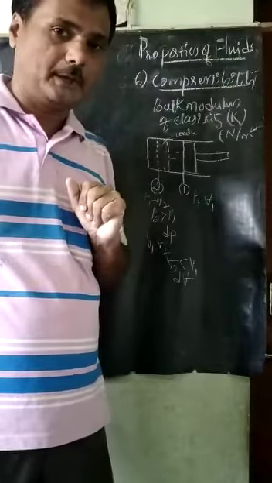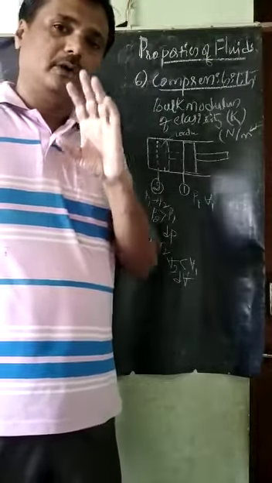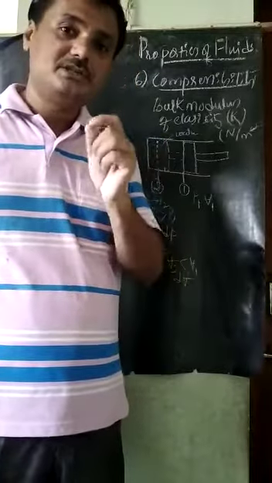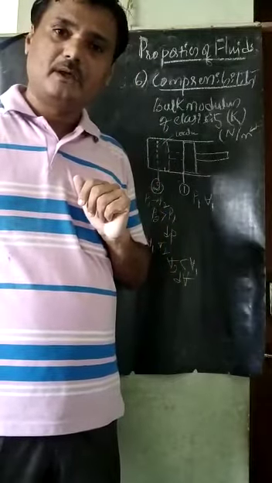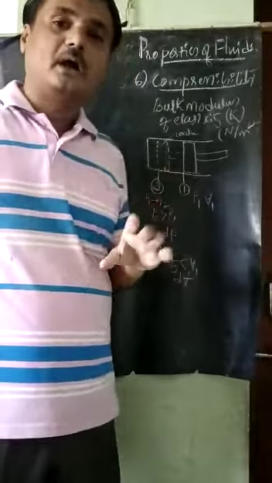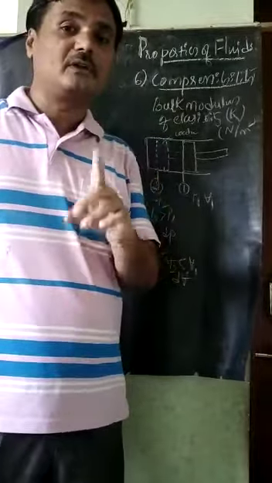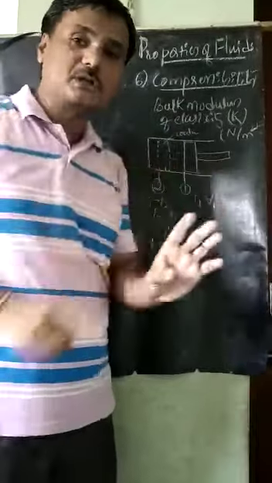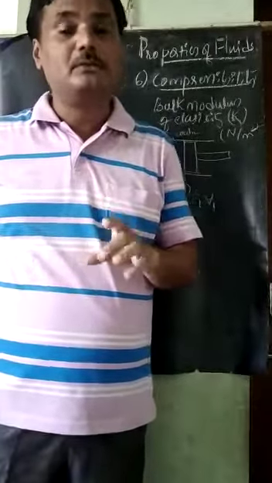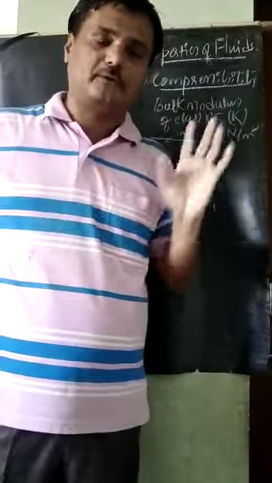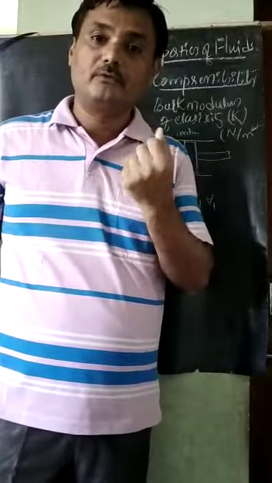That is the question. Definitely it has been observed from the experiment that the change of pressure dP and the change of volume dV are different. Even though it is the same cylinder, same piston, same movement of the position, the change of volume and change of pressure are different for different liquids, different fluids.